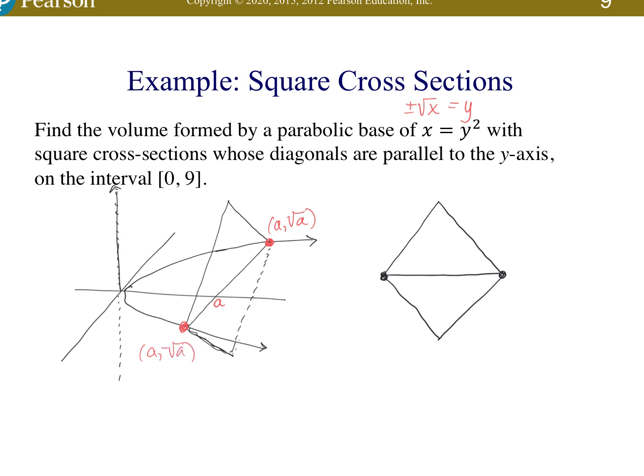So my corners here are a, rad a on one of them, and a, negative rad a on the other. So that's going to help us figure out our diagonal. So my diagonal is 2 rad a.